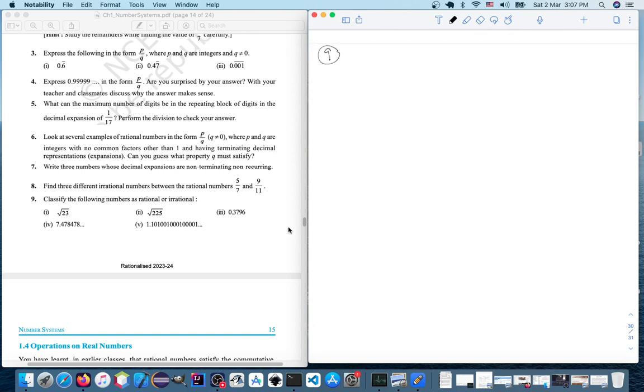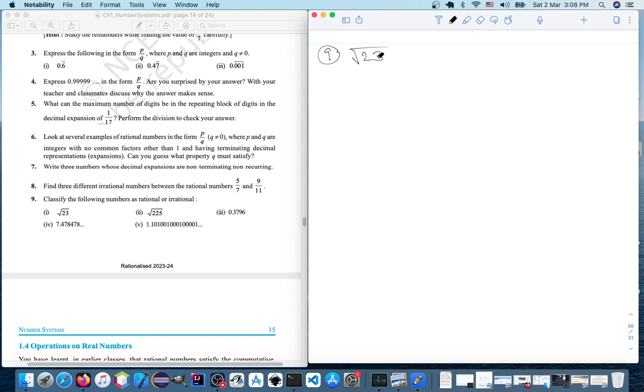What is 9? Classify the following numbers as rational or irrational. Root over 23. We have already discussed in lecture 2, I guess, that for any natural number n, root over n is always an irrational number unless n is a perfect square.